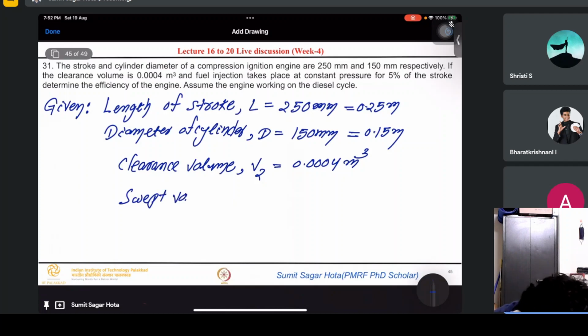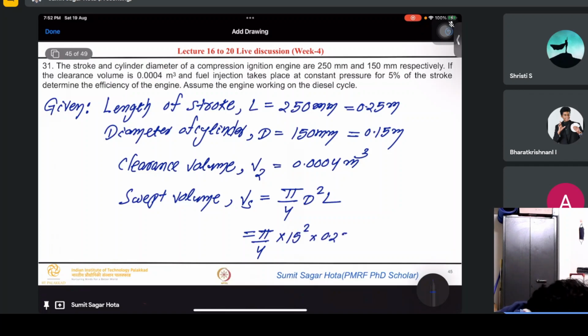Swept volume Vs is pi by 4 D square L, pi by 4, 0.15 square, 0.25, 0.004418 meter cube.